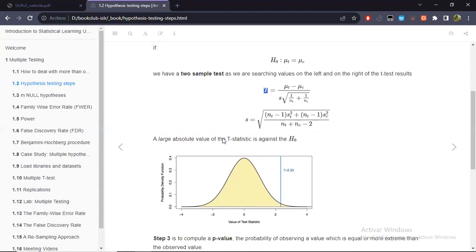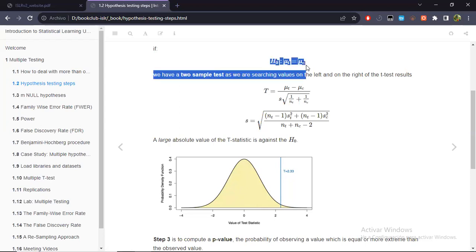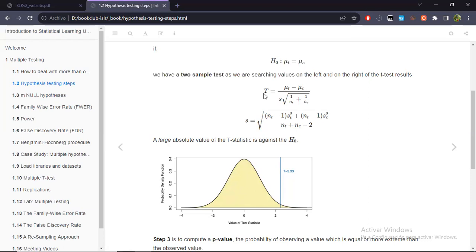And such distribution of this test statistic is called the null distribution, when you're assuming the null to be true.